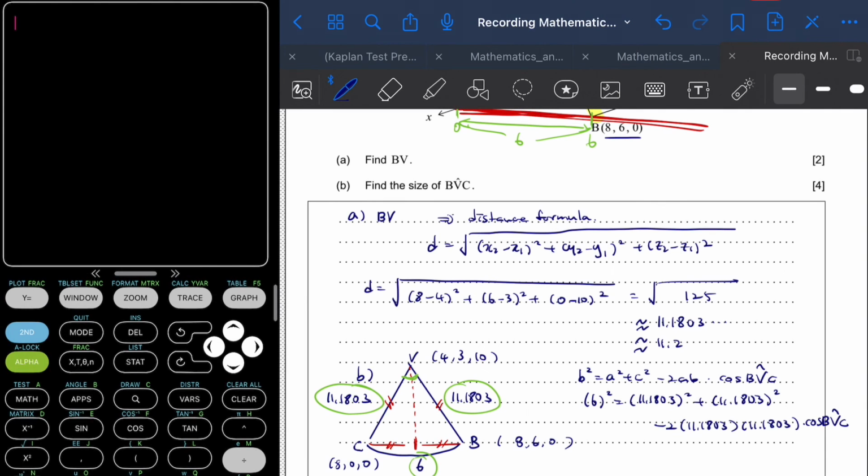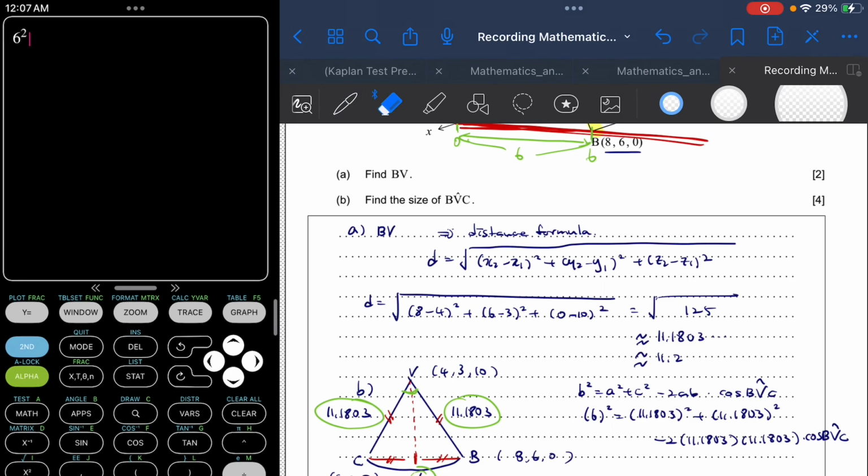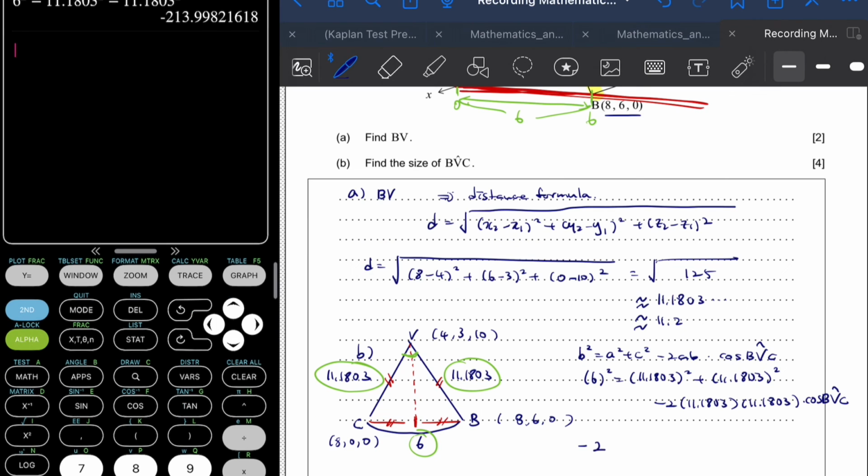Then using your GDC, we can do 6 squared minus 11.1803 squared minus 11.1803 squared, which gives negative 213.99, equals negative 2 times 11.1803 squared times cosine BVC.